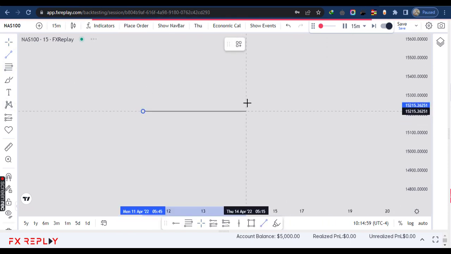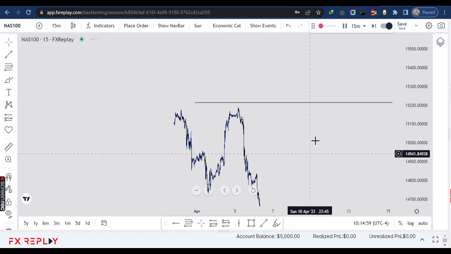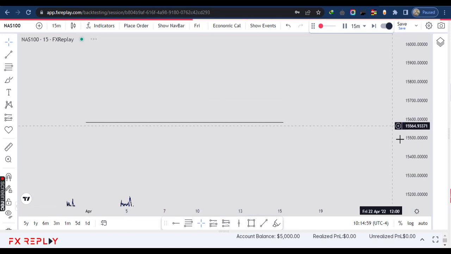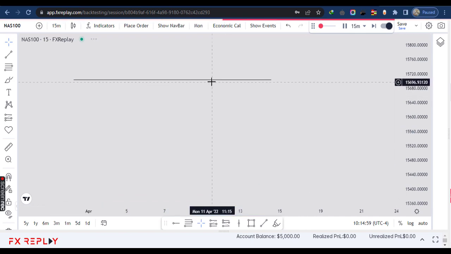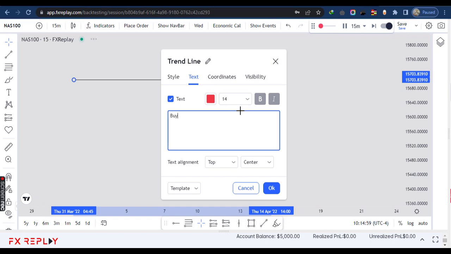What you want to see is some sort of buy side liquidity. Let's put it right here. This would be buy side liquidity.